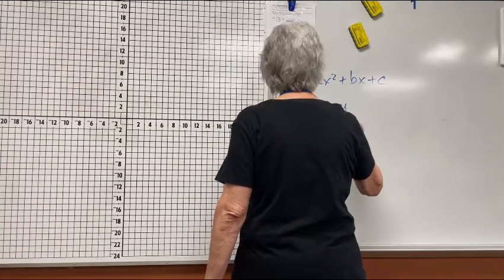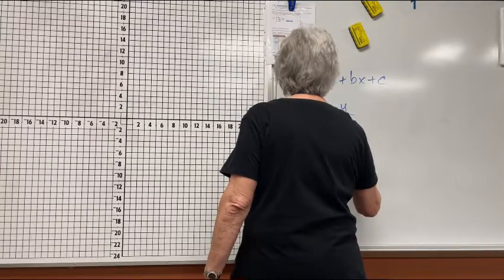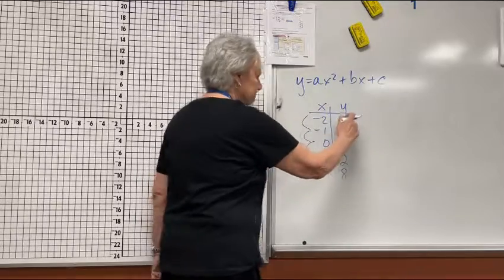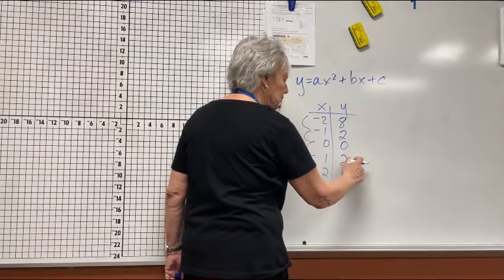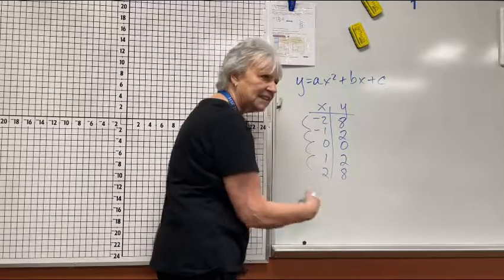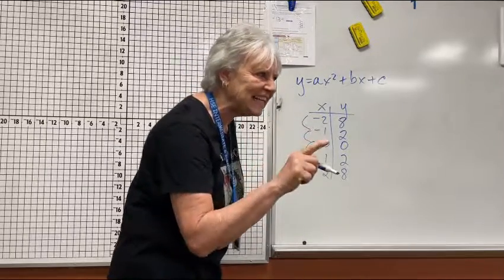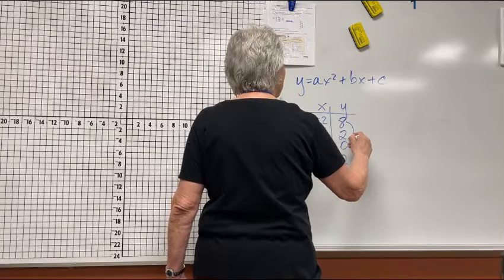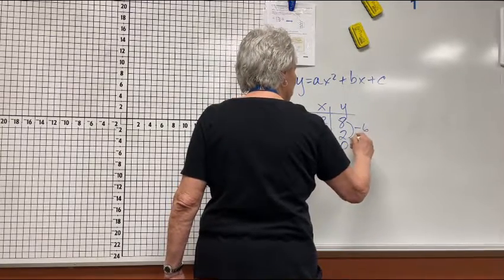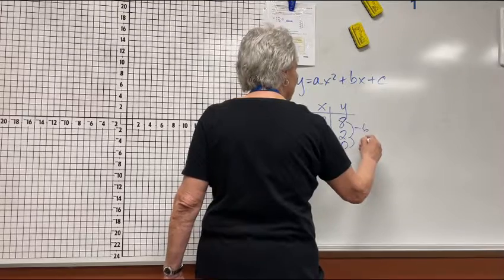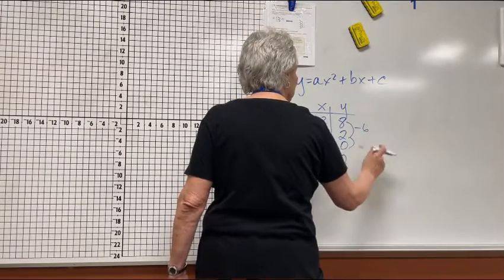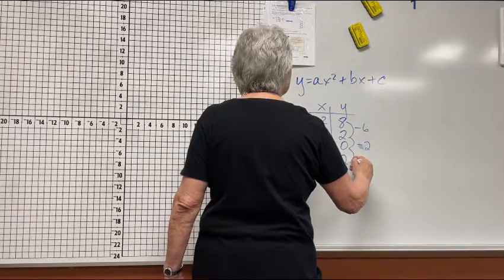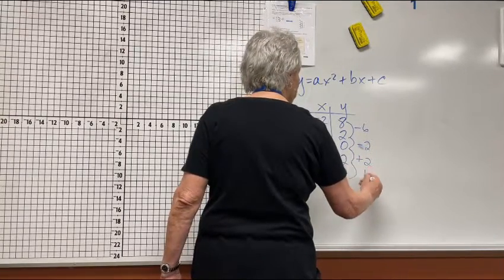Now, in a quadratic function, 8, 2, 0, 2, 8: down 6, down 2, up 2, up 6. It's not the same, right? But look at the second difference. What happens from here to here? Minus 6. What happens from here to here? Minus 2. What happens from here to here? Plus 2. Plus 2. Plus 6.